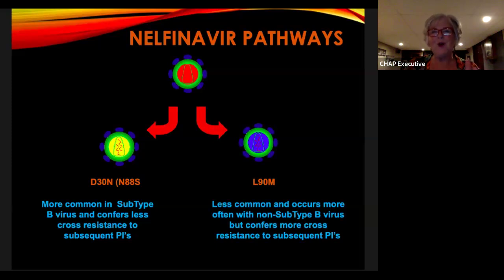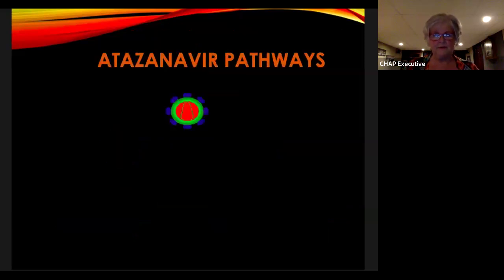But it's important to know that if you, again, have somebody from an endemic country in front of you and they have had experience with nelfinavir in the past, the L90M would be more the mutation you would plug into your predictions versus the D30N. And why is that important? Well, you're going to realize that the L90M confers more cross resistance to other subsequent protease inhibitors.